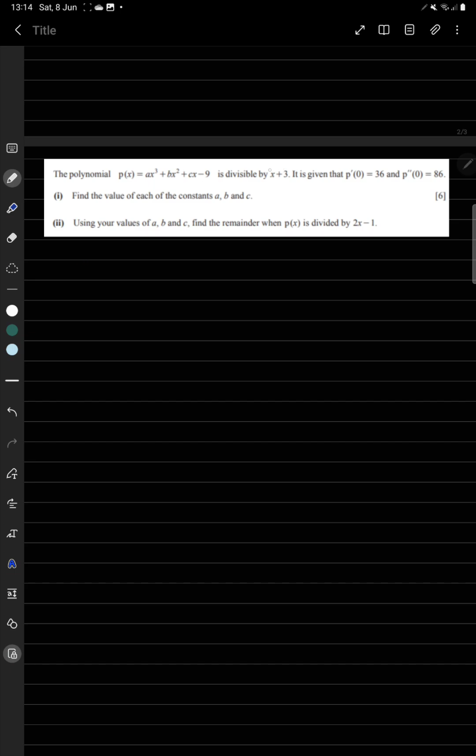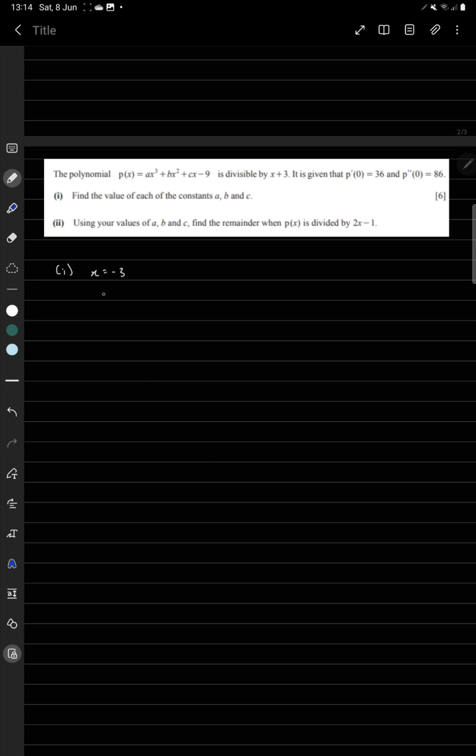Now, let's start with the first hint that's been given to us, which is divisible by x plus 3. So when a sentence says that this term is divisible by x plus 3, it means that the remainder of x plus 3 is going to be equal to 0, which means when x equals negative 3, the whole thing is equal to 0.